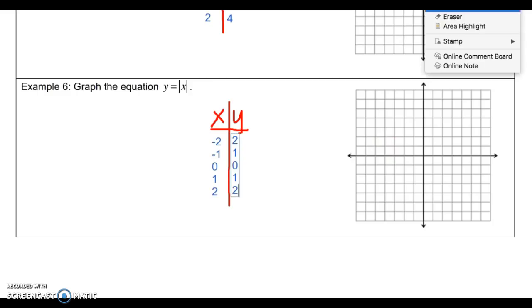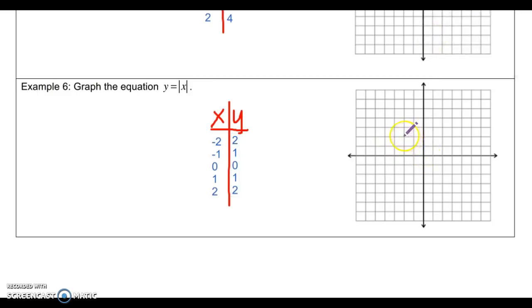Plotting these points, I have negative 2, 2; negative 1, 1; 0, 0; 1, 1; and 2, 2.